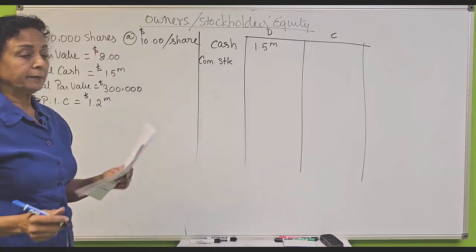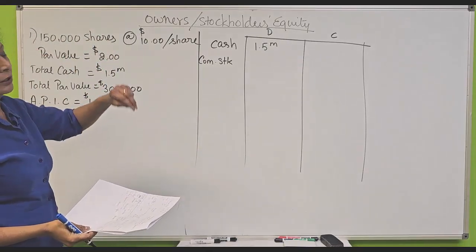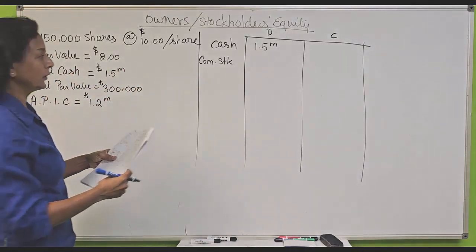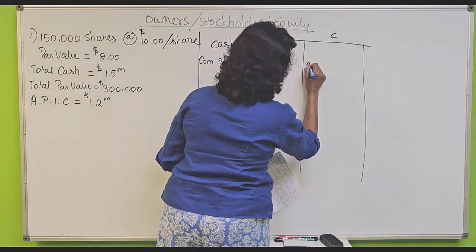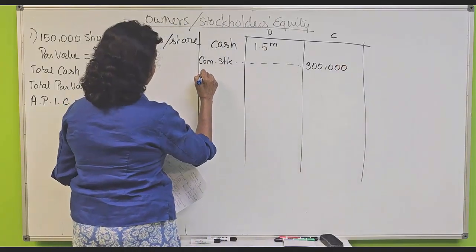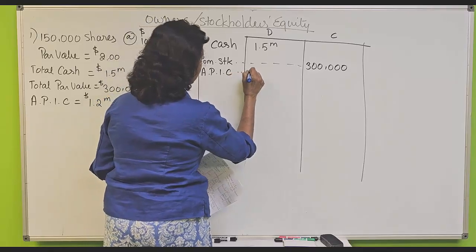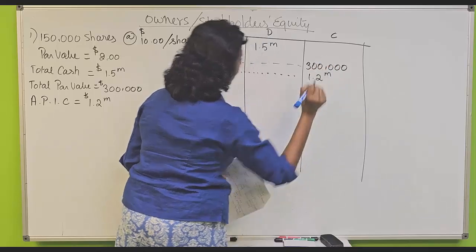If the company has a par value, only the total par value should go into the common stock account. So total par value is $300,000. So you credit common stock for $300,000. And then the additional paid in capital or capital paid in excess of par or the remaining $1.2 million.